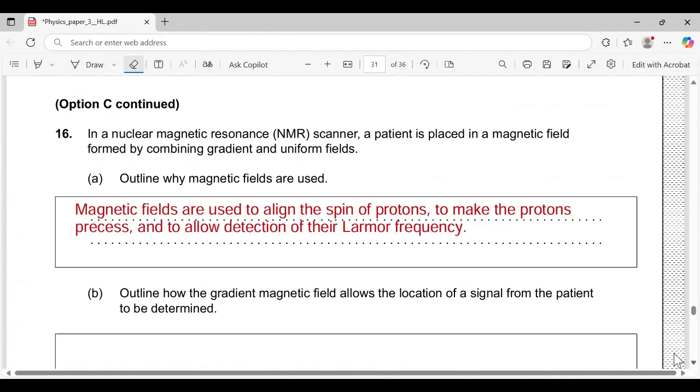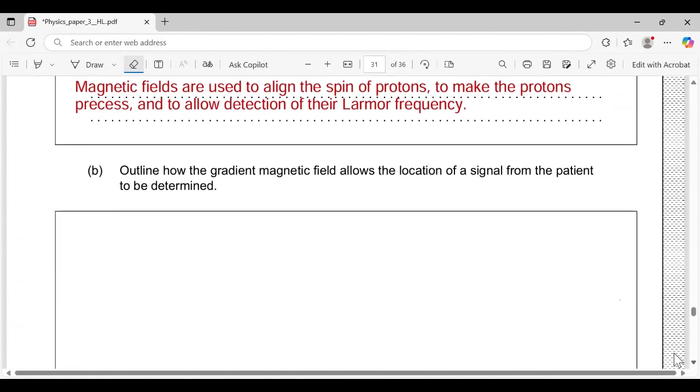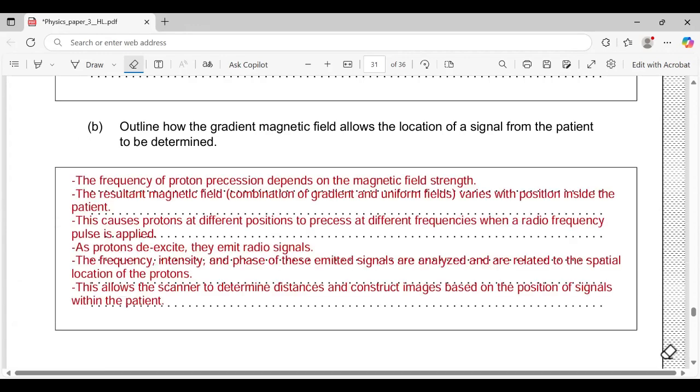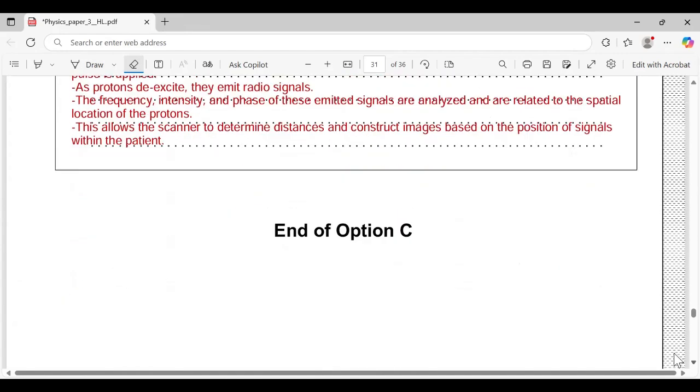Let's continue. Outline how the gradient magnetic fields allow the locations of signal from the patient to be determined. Also for these questions, I have provided my explanation. You may copy or use your own explanation. Let's continue for the next question.